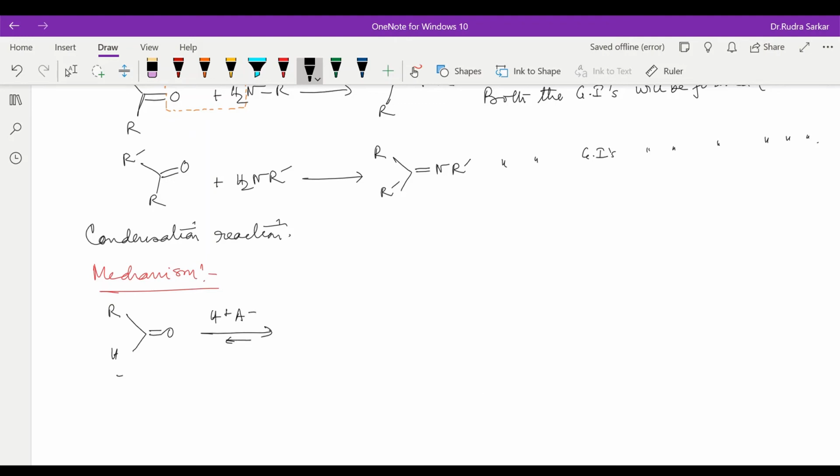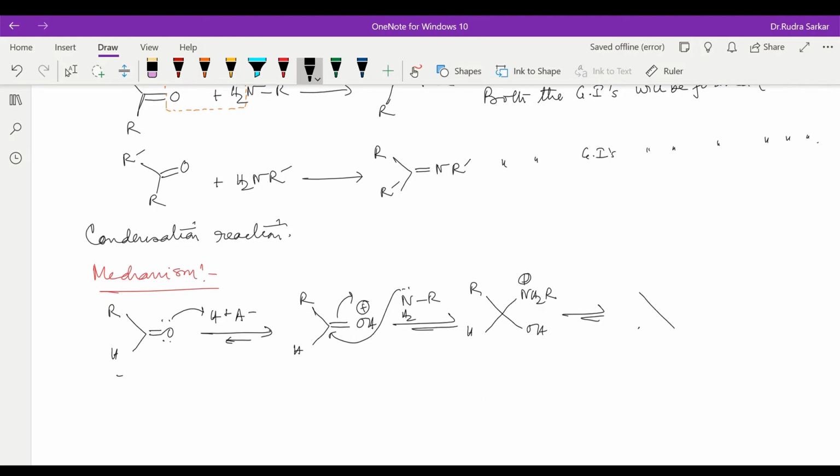Okay, this will undergo protonation, forming that, which will be attacked by the lone pair of the amine, RH. Subsequently, there will be a proton loss.